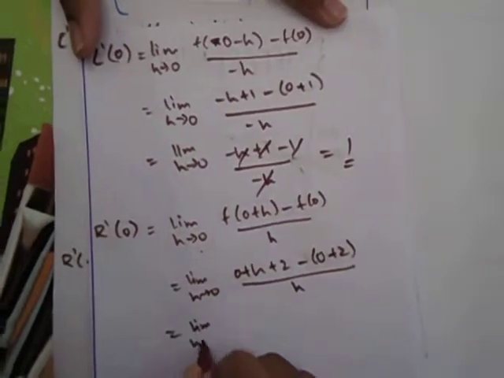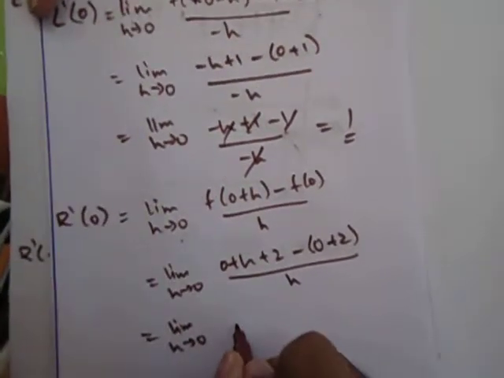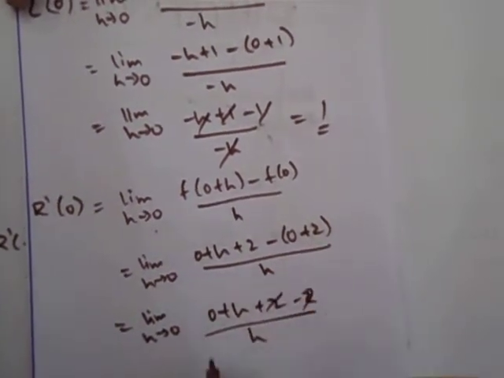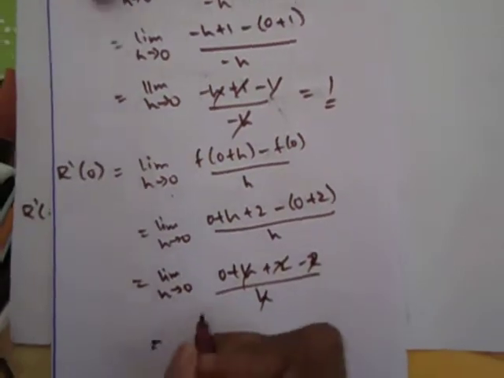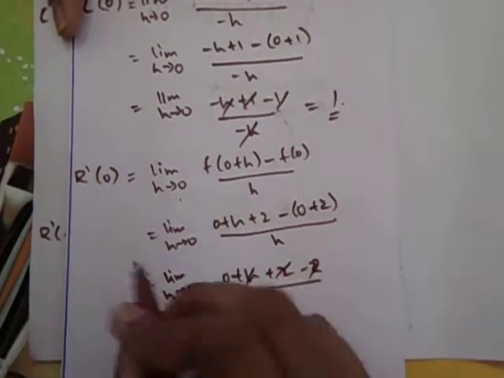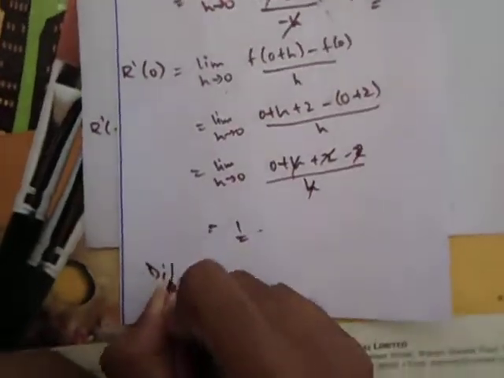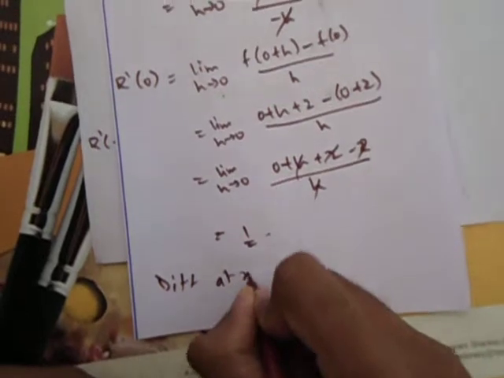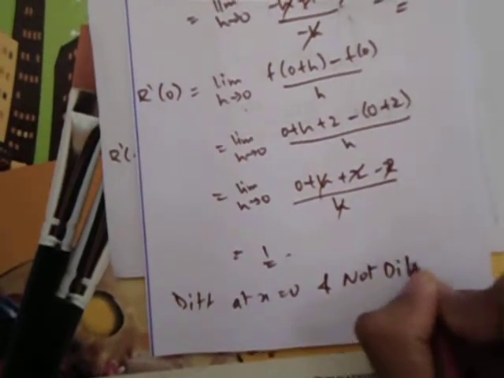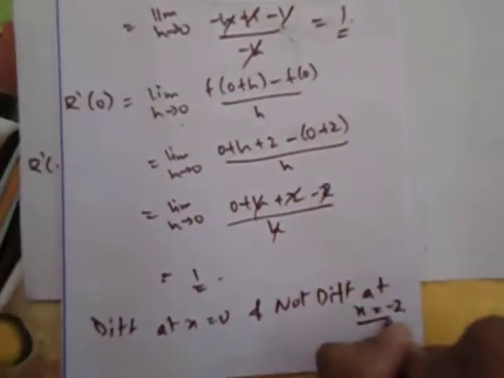Limit h tends to 0 plus h plus 2 minus 2 by h. These two get cancelled, we get 1. So we see that at 0 the left derivative is equal to the right derivative. So the function is differentiable at x equal to 0 and not differentiable at x equal to -2.